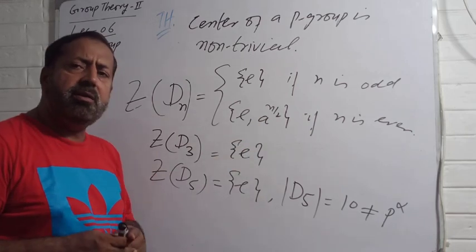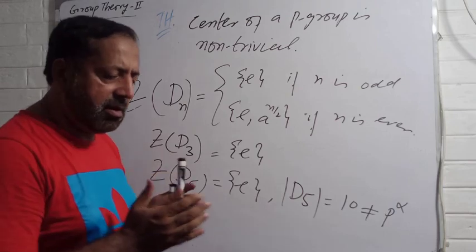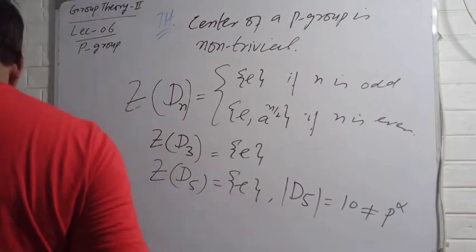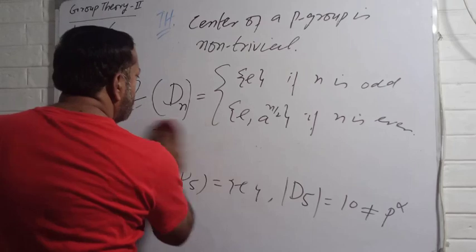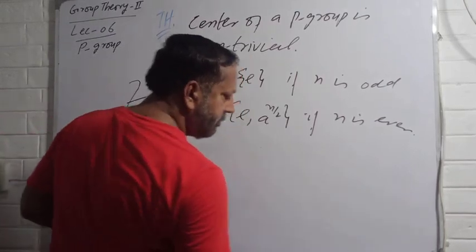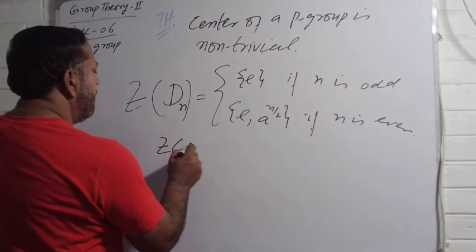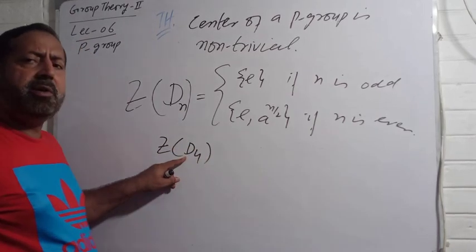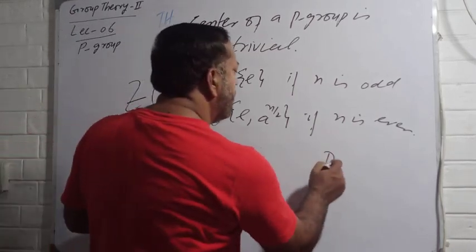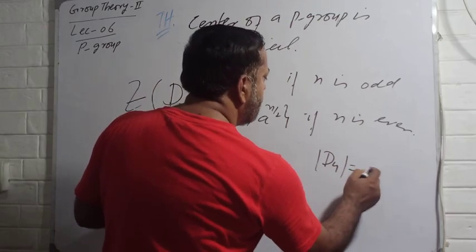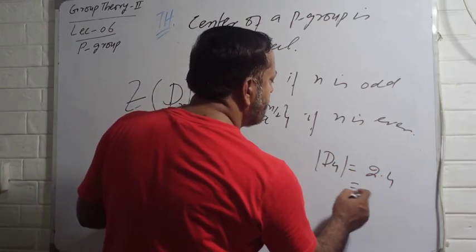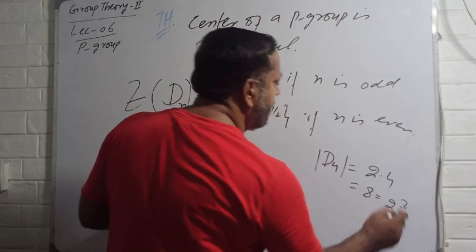Can we check whether there are some p-groups in this story? What is the center of D4? D4 is a p-group because the order of D4 is 2 times 4, which is 8, which is 2 to the power 3.